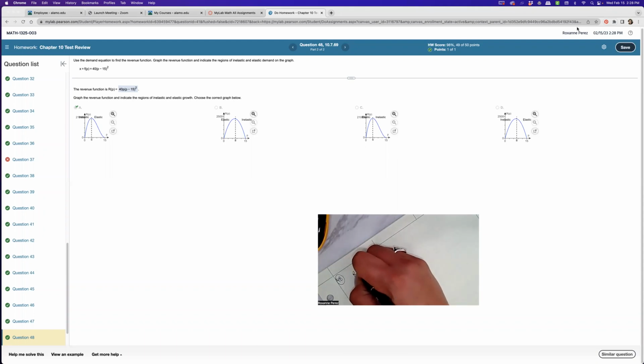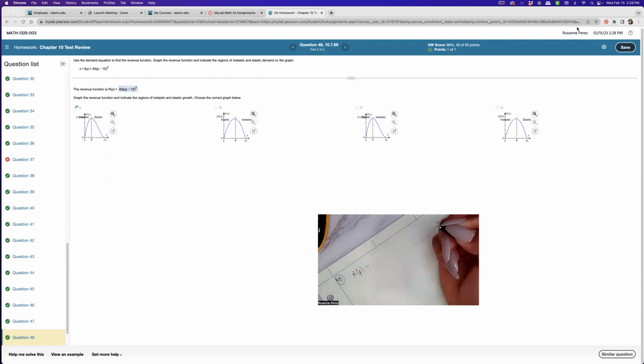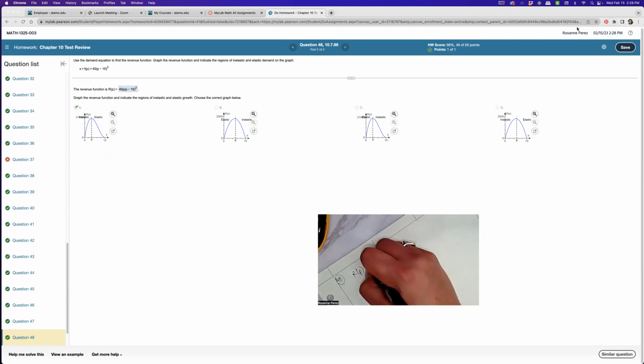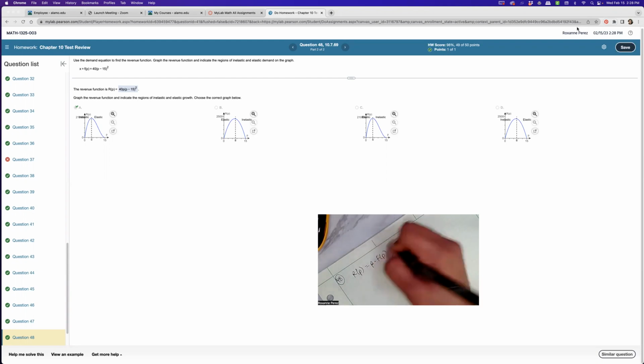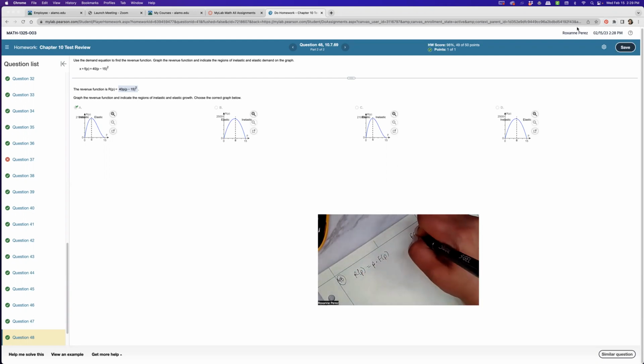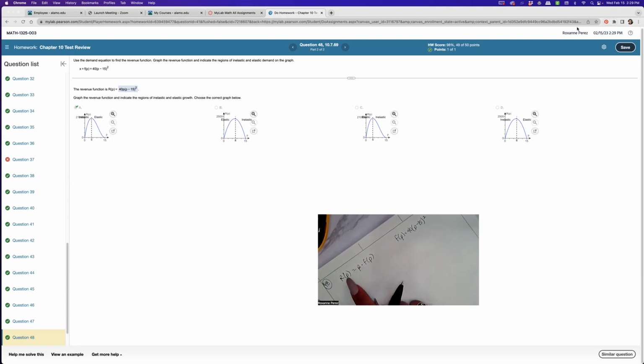So R of p, which is a function of your price times your demand. So your f of p, your demand function. So we're given f of p. f of p is equal to 40 times p minus 15 squared. And we need to calculate R of p.